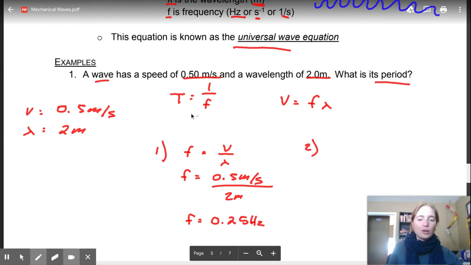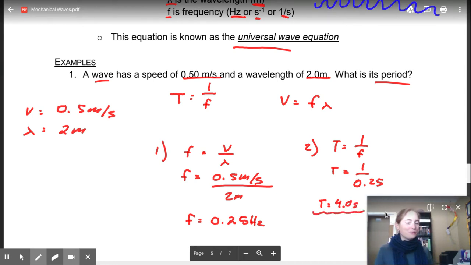My second step is to calculate the period, which is the inverse of the frequency. So 1 over 0.25, and that is going to give me, with appropriate sig digs and units, 4 seconds. Not too bad, eh? Not too bad.